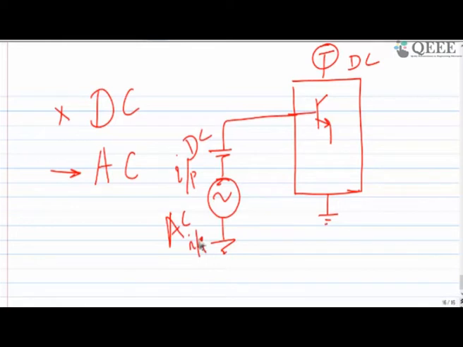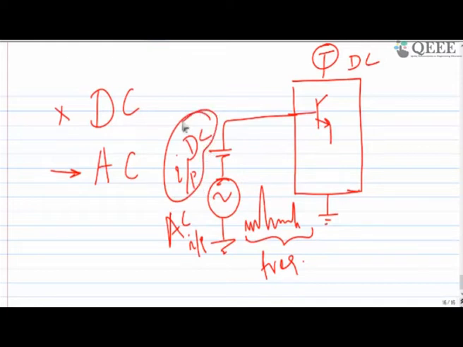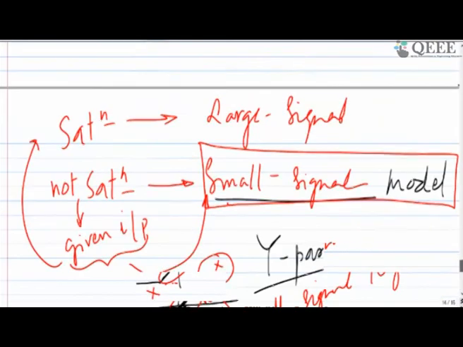Where is this AC input coming from? Assume that you want to amplify your own speech sound. That speech sound may be something like this. You want to amplify it because it has some frequency components, but you don't want the DC to be amplified, because if the DC is amplified, then your output will be saturated.